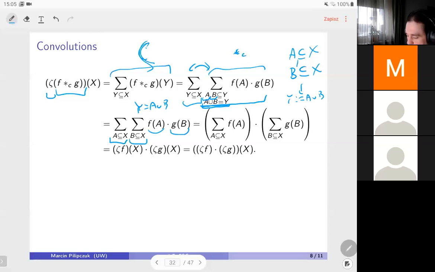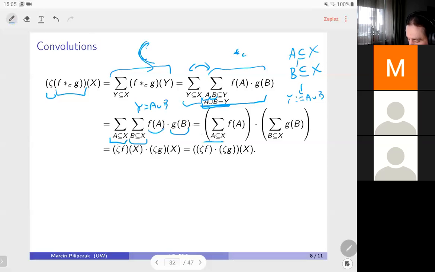So this summation sums over all A, all B, and takes f of A times g of B. And now the observation is that the summation over A is completely independent of the summation over B. You sum over A's, you sum over B's.